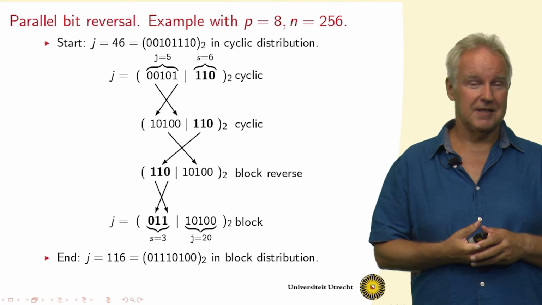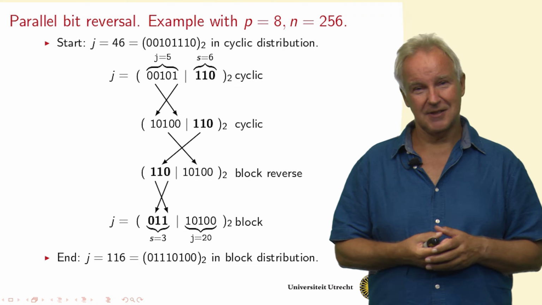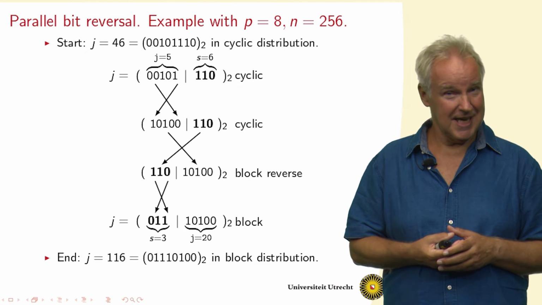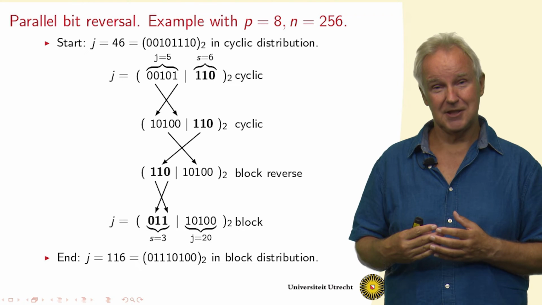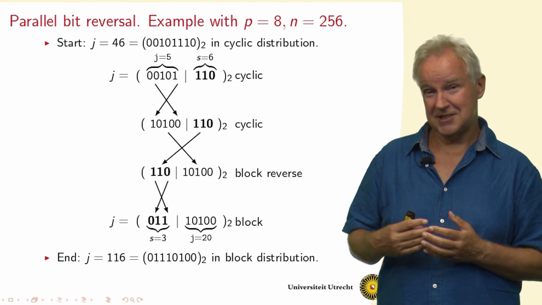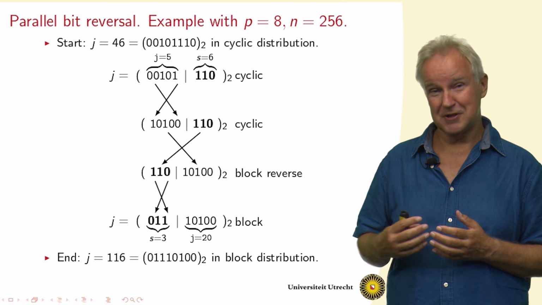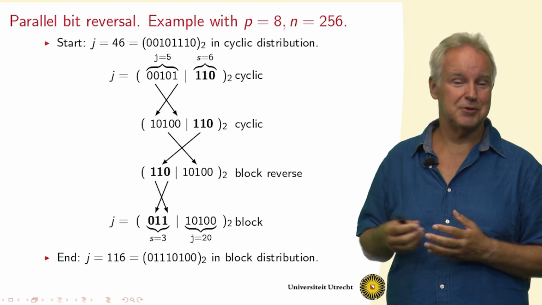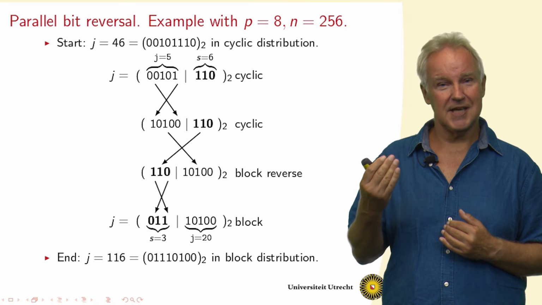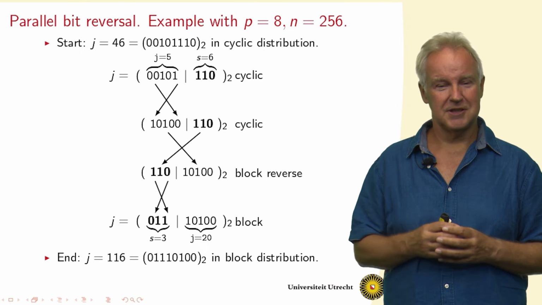Now, the interesting thing is that we can do this in a nice way if we start in the cyclic distribution and end in the block distribution. And it's nice ending in the block distribution because then the following butterflies have the right distribution. So we want to start in the cyclic and then end in the block distribution.